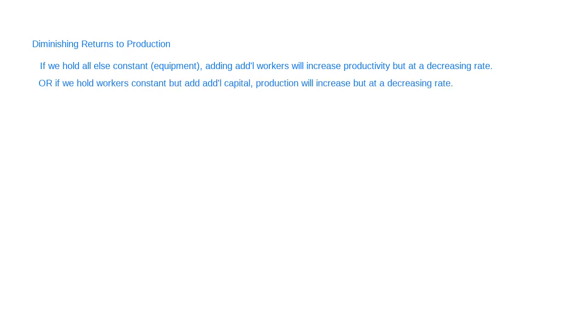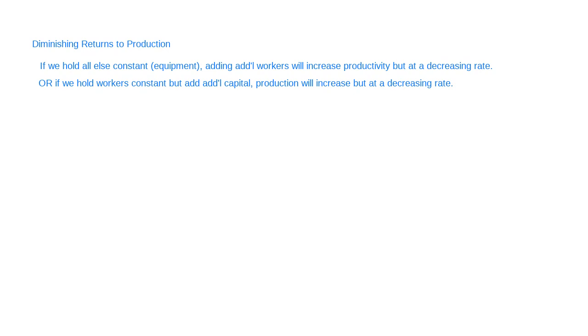If you change both workers and machinery at the same time, that is a different phenomenon, a different term. So with diminishing returns, you're holding everything constant and just changing one of the factors of production. Now this pattern doesn't exist in the very beginning.